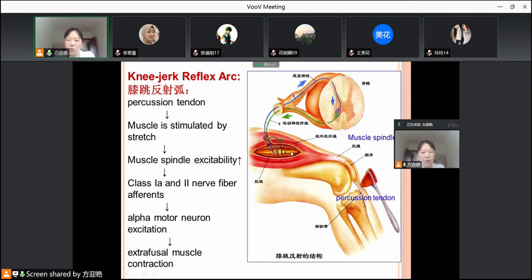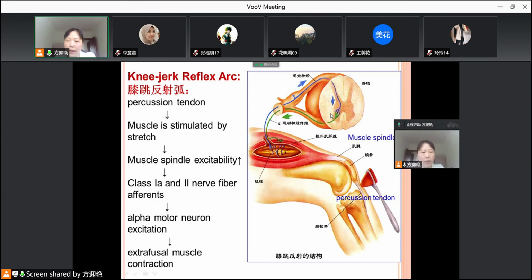This is the intrafusal muscle contraction, and the muscle spindle is excited. This information is then sent by the Ia afferent nerve fibers to the spinal cord.